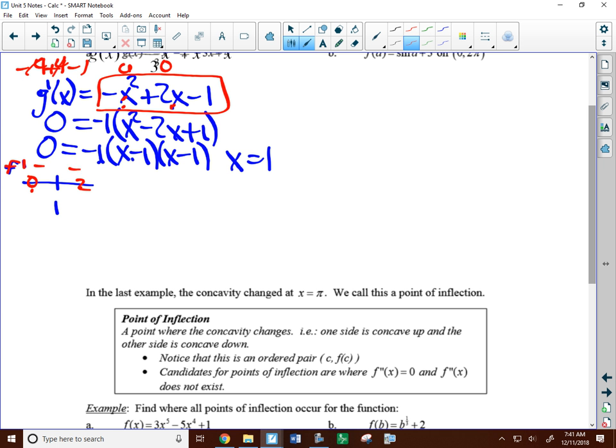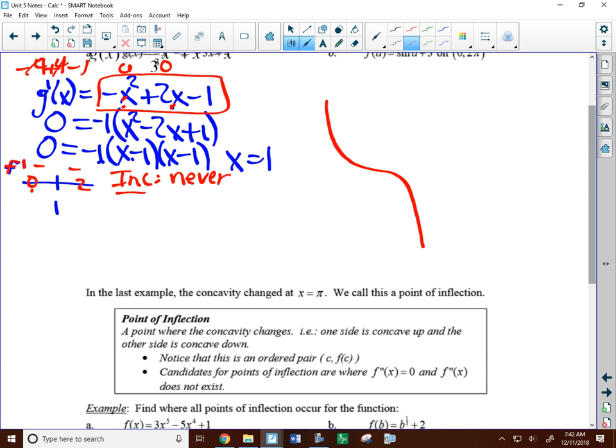So this one's also negative. By the way, I didn't ask about local max and min, but if it did, we would say there is no local max or min because it didn't change sign. So this function is decreasing and then continuing to decrease after 1. So let's write down increasing.